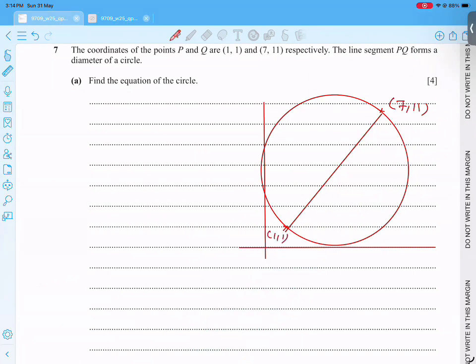So this is 7, 11. Here 1, 1. This is P and this is Q. The center of the circle is naturally here.